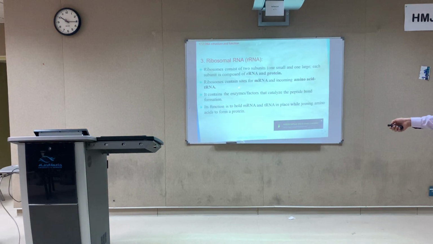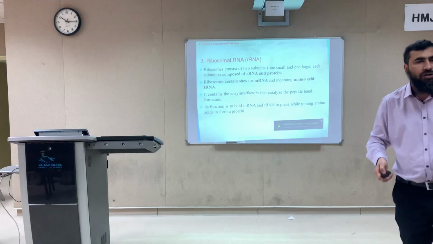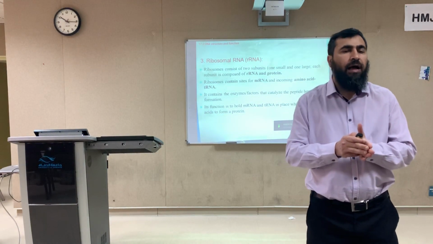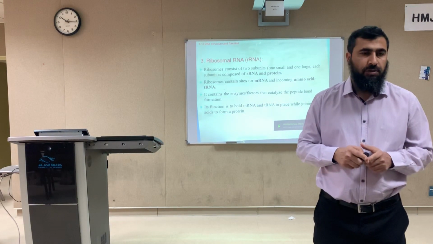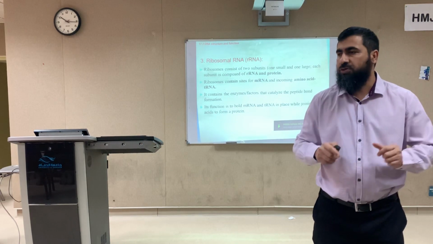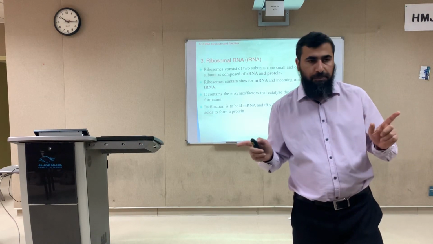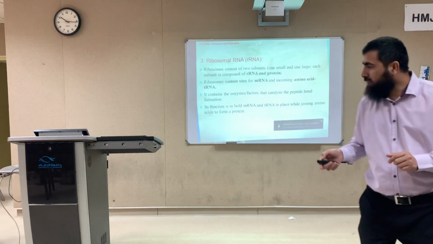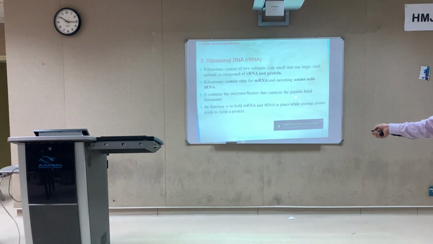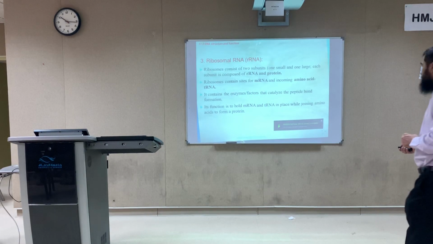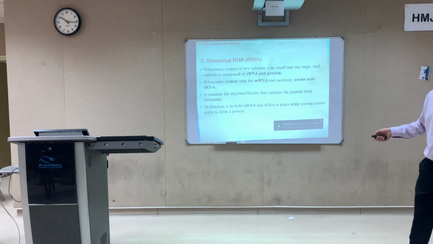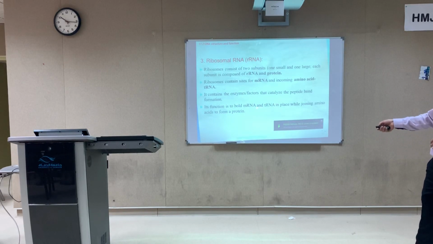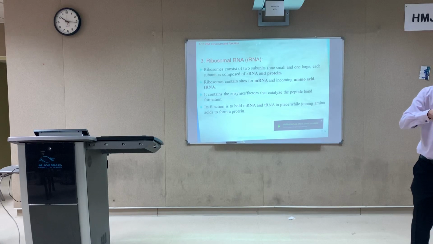It also has enzymatic activity, the ribosomes, because remember, how are proteins formed? Amino acids forming what sort of bonds? Peptide bonds, remember? So it has enzymes that catalyze the formation of the peptide bonds. It does that by holding the messenger RNA and tRNA together.